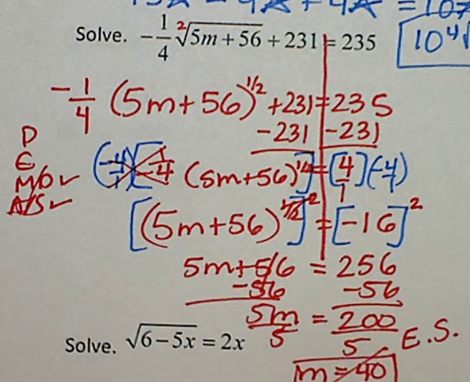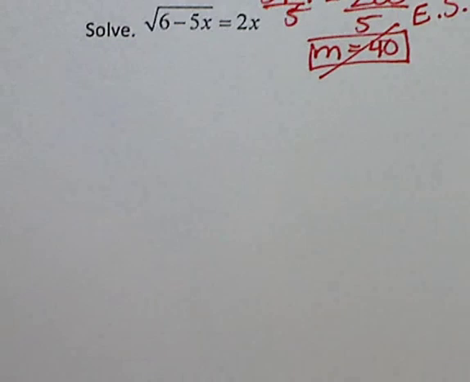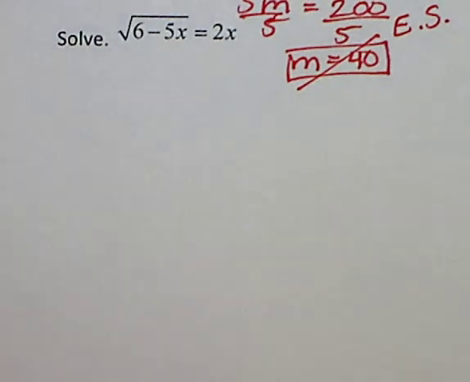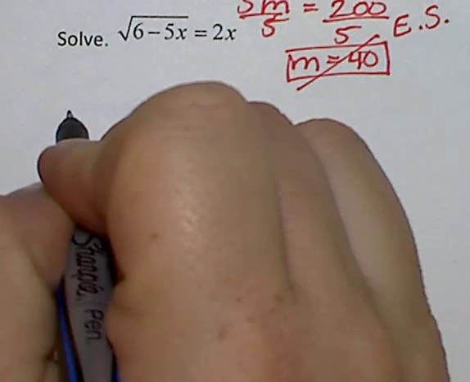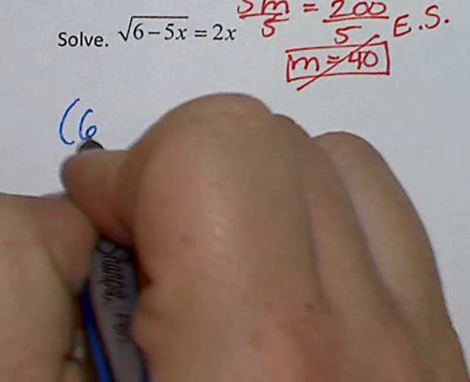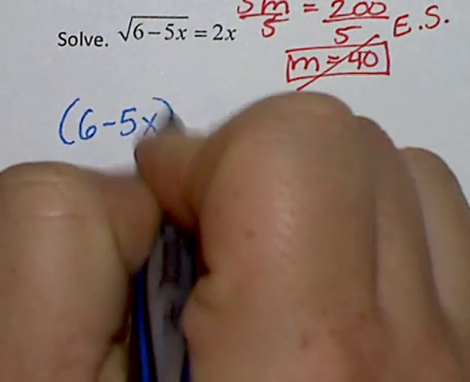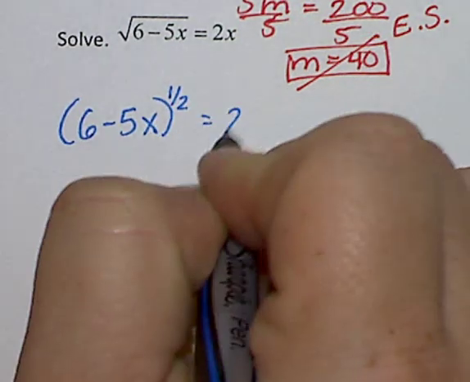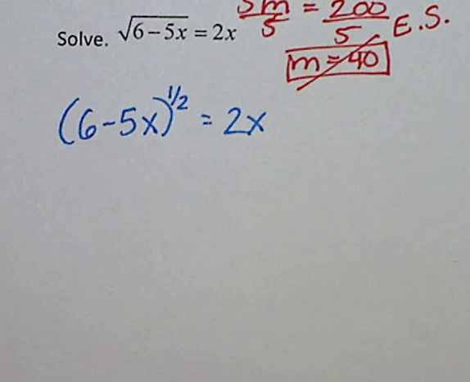Let's go on right now. Please find this next problem. I believe this problem is also on your notes. Am I correct? Okay, so I'm going to rewrite it in rational exponent form. Not required. I just think initially some students find it easier to do. Okay, we want to start by getting rid of the exponent, the 1/2.